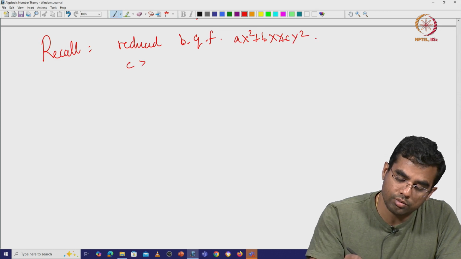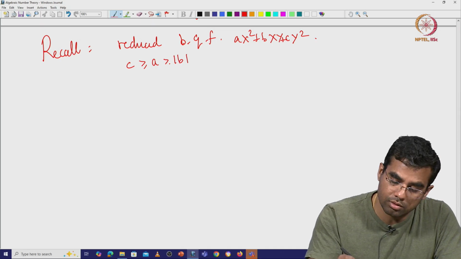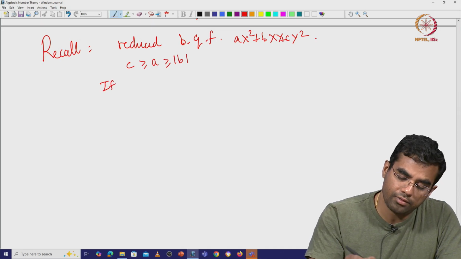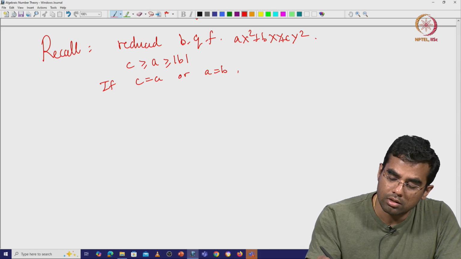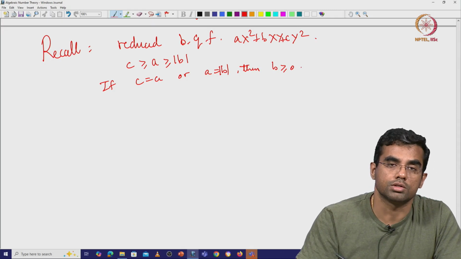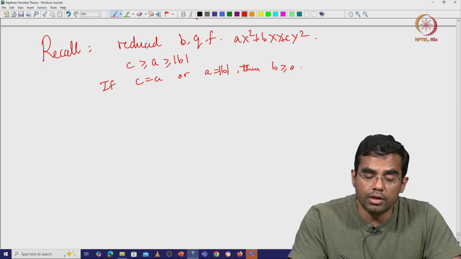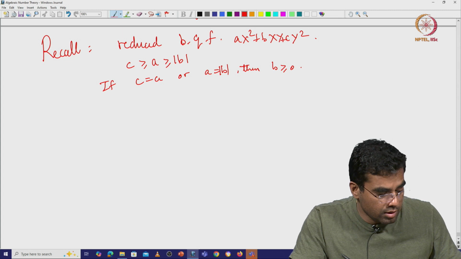So, c has to be bigger than or equal to a, and a is bigger than or equal to mod b, and if equality holds, so if c is equal to a or a is equal to mod b, then b can be taken to be bigger than or equal to 0, right.